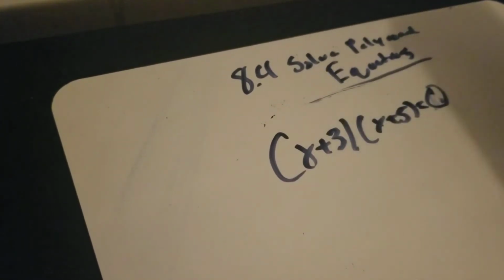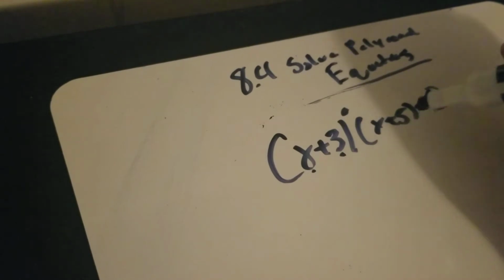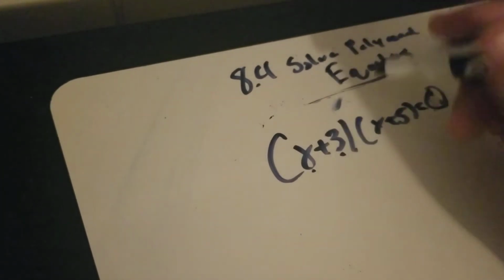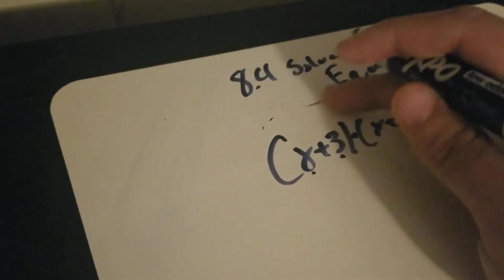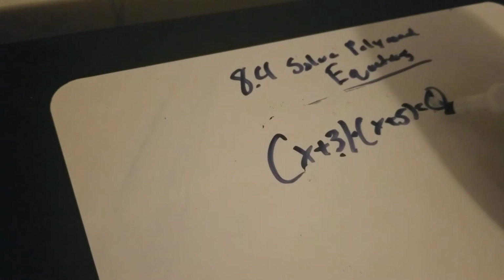But let's look at this. This says x plus 3 times x plus 5. So if that's equaling 0, I have to tell myself, I know 0 times anything gives you 0.